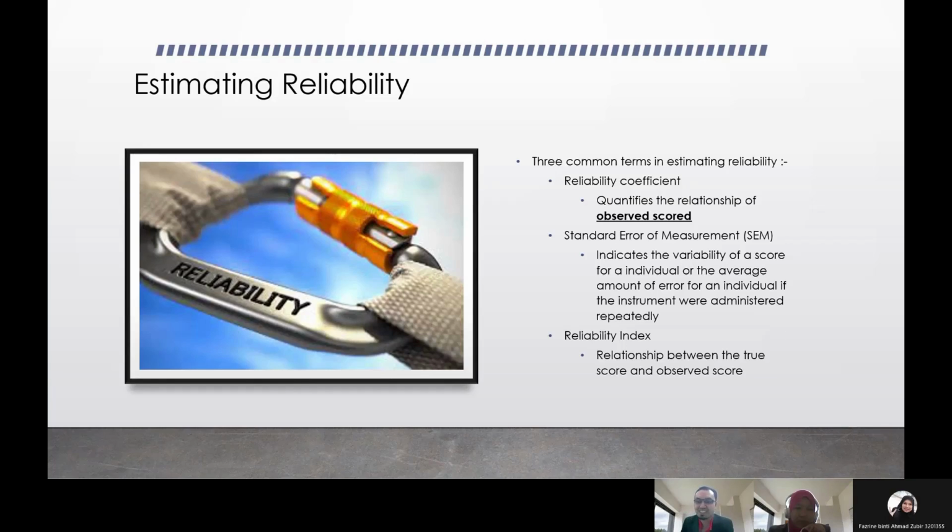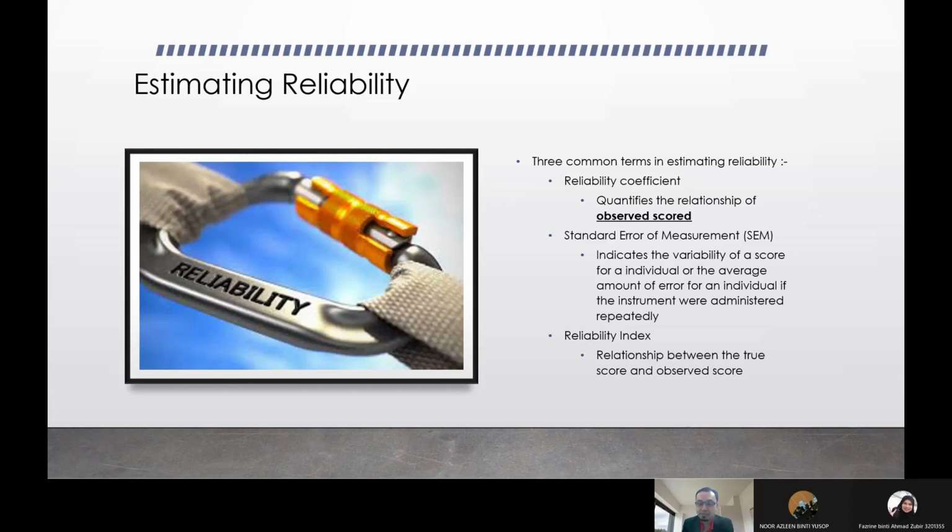Hi everyone, it's me back. Okay, thank you so much to Madam Fazrine and Madam Azleen. So just a quick recap of what both of them have explained to us. Madam Fazrine has explained briefly what reliability is all about.